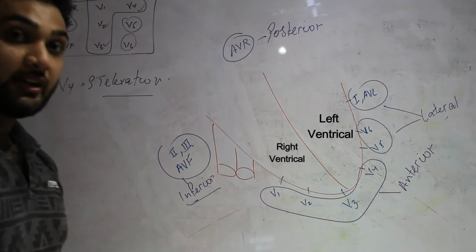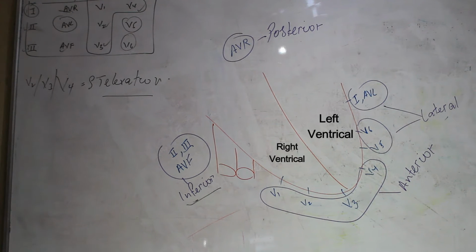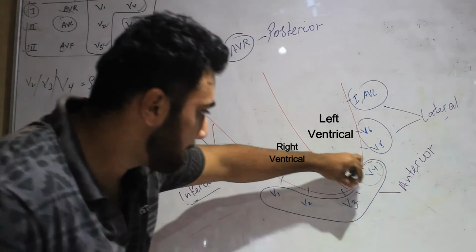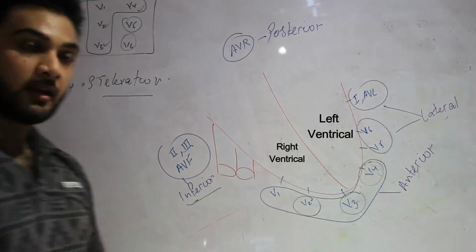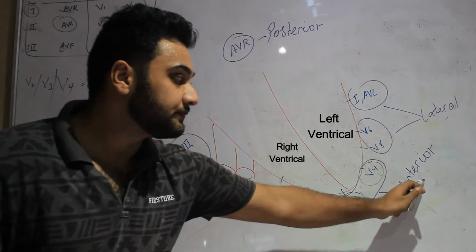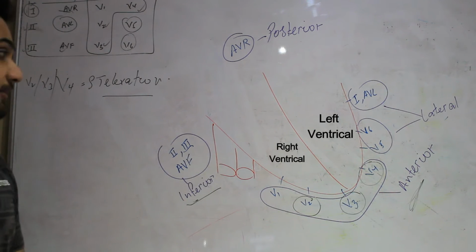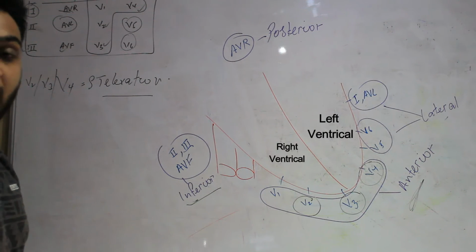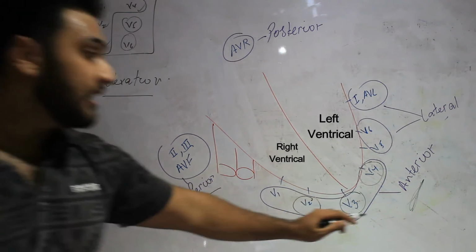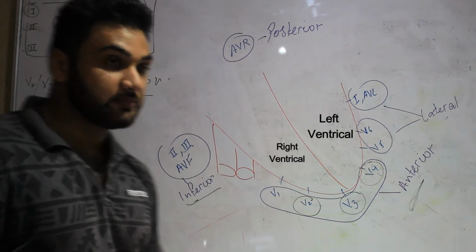Now you have identified your ST elevation in V2, V3, V4. Now you look at this diagram. Where do V2, V3 and V4 fall? They fall here. And these three leads look at the anterior aspect of your heart. So it's quite simple. ST elevation means an MI, a myocardial infarction. Since they're looking at the anterior aspect of the heart, you have an anterior myocardial infarction.